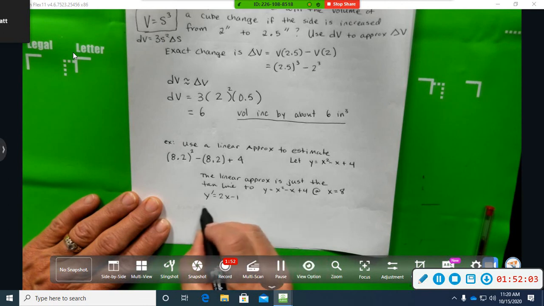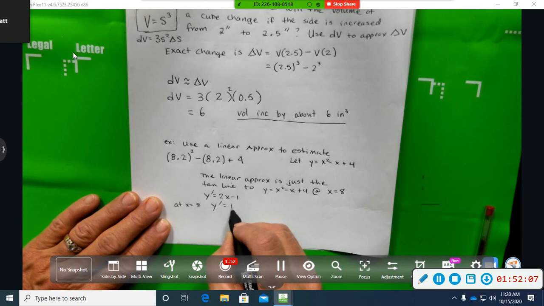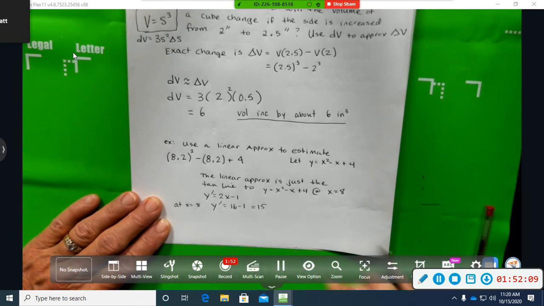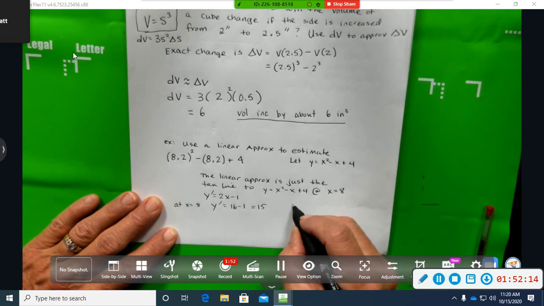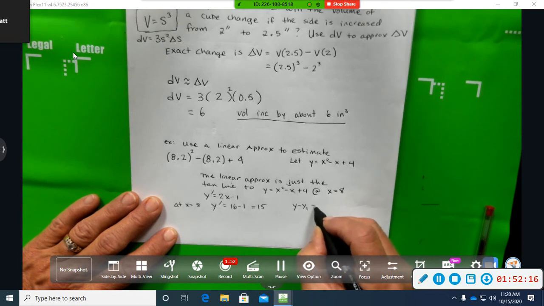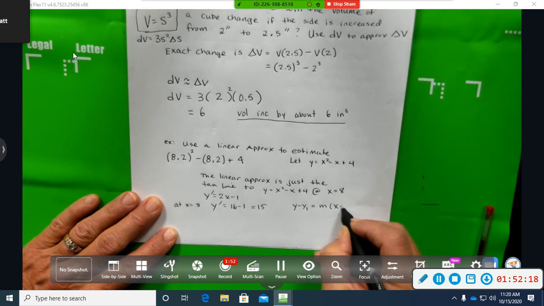So at x is 8, y prime is 16 minus 1 is 15. And so the equation of the tangent line will be y minus y1 is equal to our m times x minus x1.